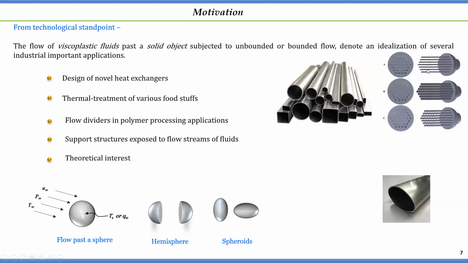For example, here you are able to see tube bundles having different kinds of cross sections, and mostly the fluid media will flow across this tube bundle, and you can see that it will experience different kinds of obstructions in its flow way, and they are of different shapes.